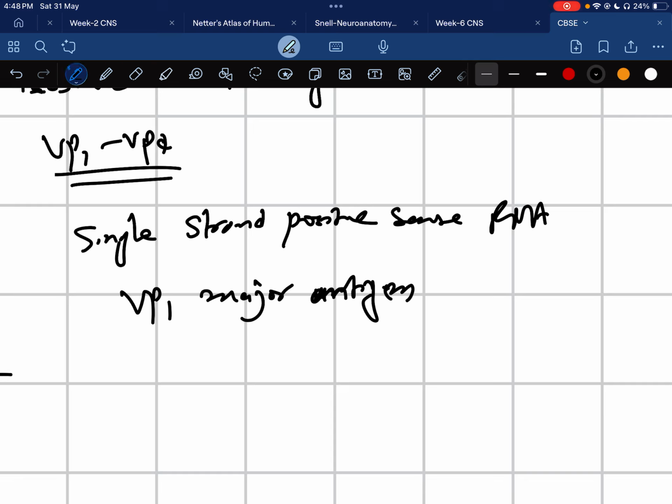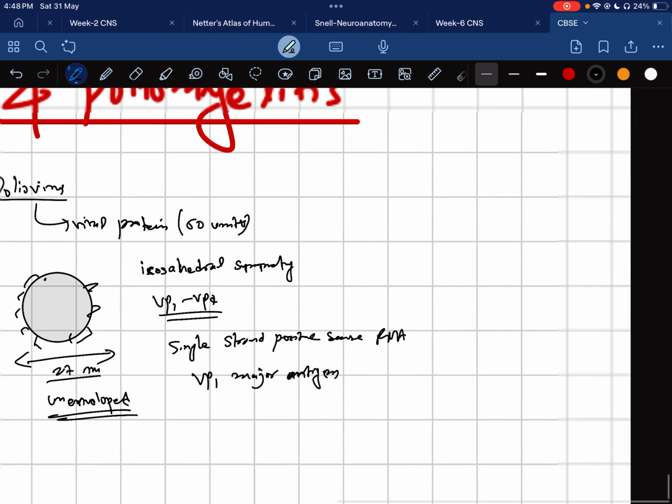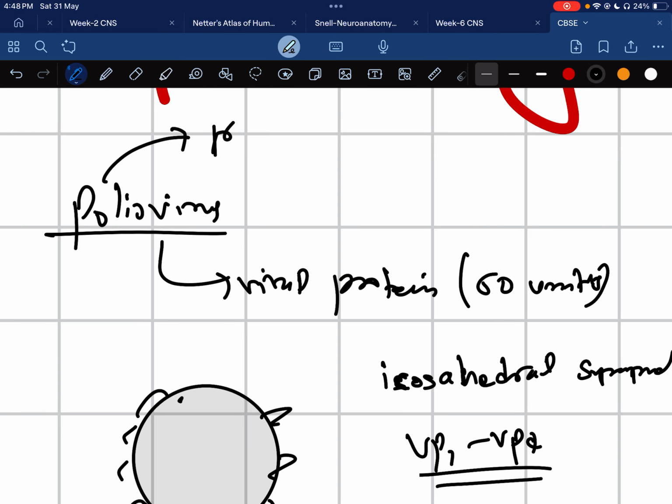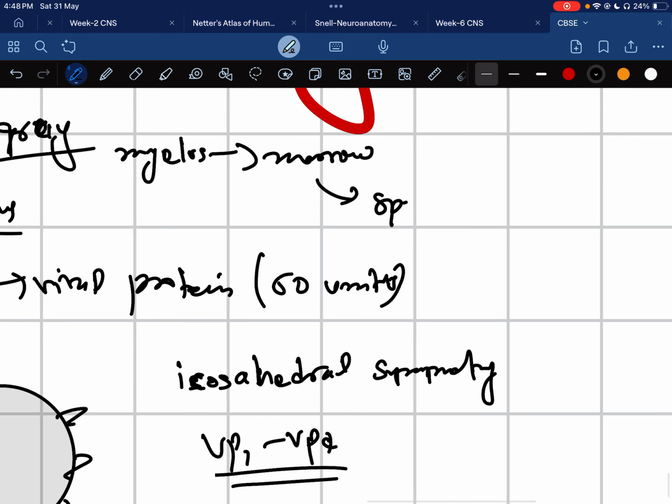Polio means gray, and myelos means marrow or the spinal cord, so it mainly infects the spinal cord.